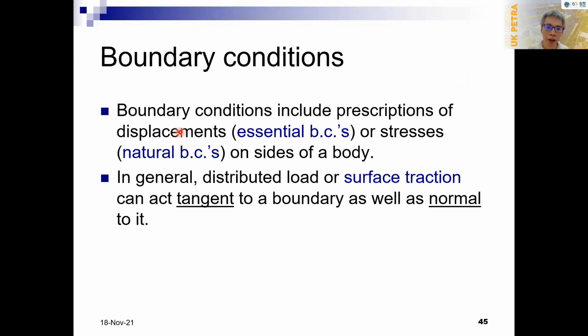The boundary conditions, generally there are two types. That's the displacement or stress. Okay, the displacement boundary condition also called essential boundary conditions, and stress called natural boundary conditions. Because our models are 2D models, our boundaries are just the edges of our body, can be a curve or straight line.